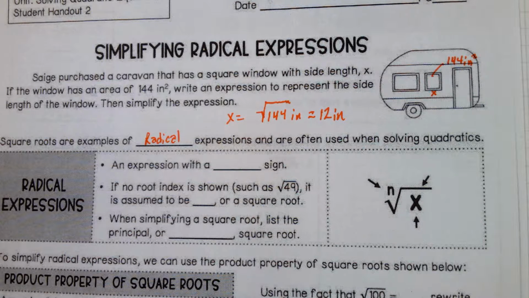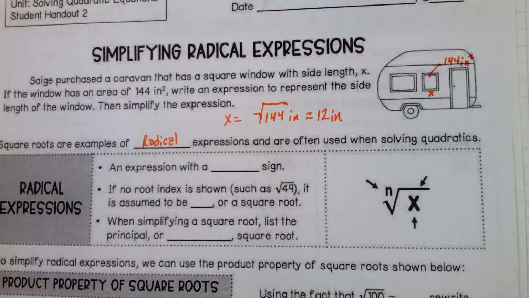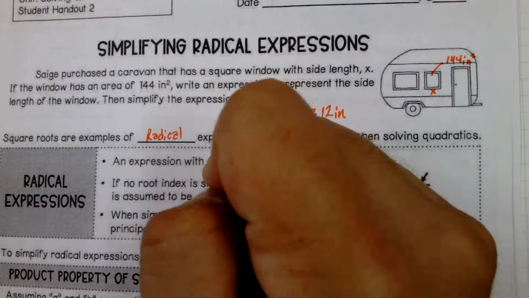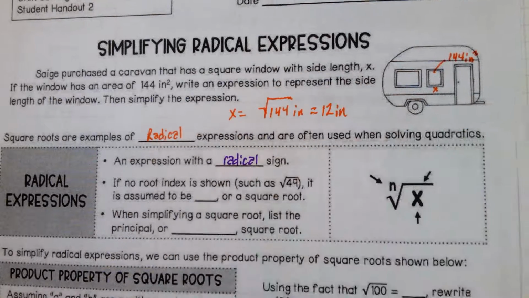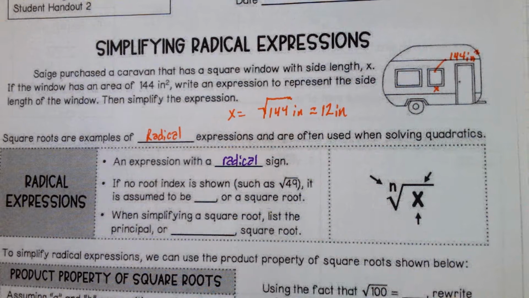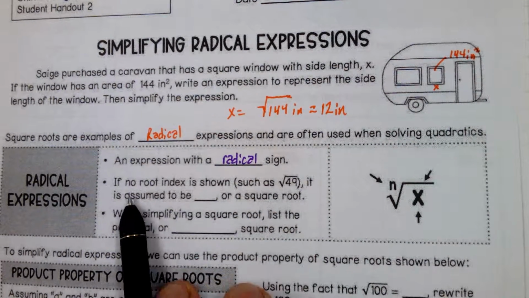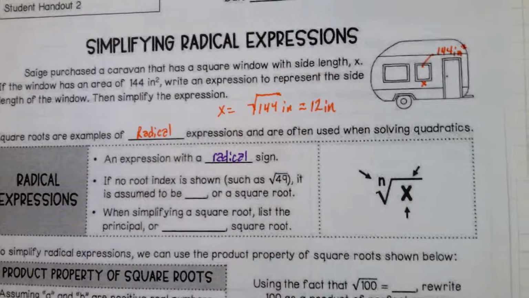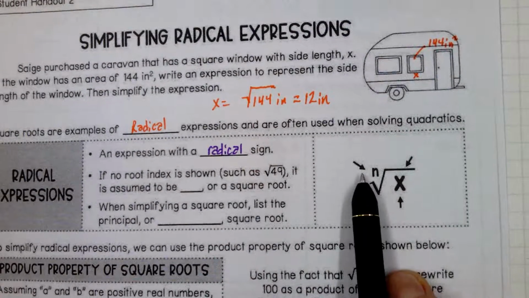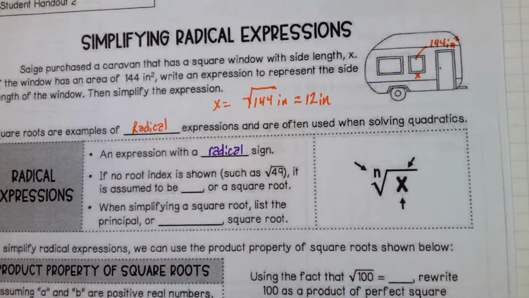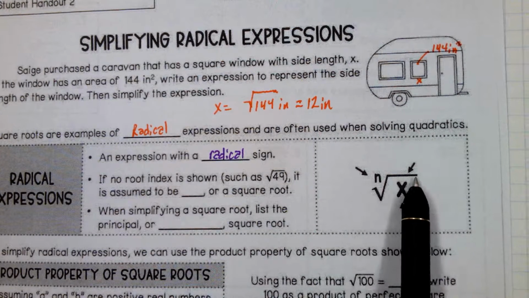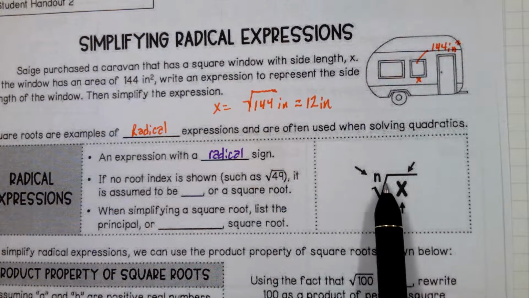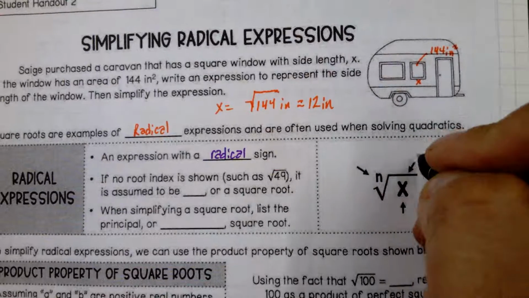So, an expression with a radical sign. Okay, let's do this first so we know what we're talking about. Starting with, what's that type of symbol called? It's a radical.